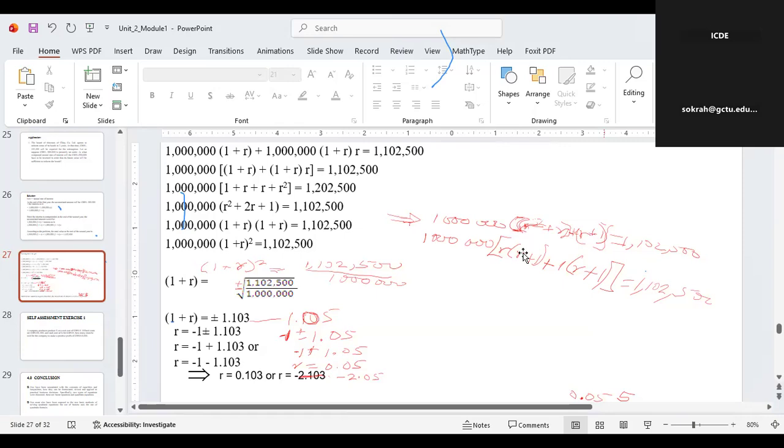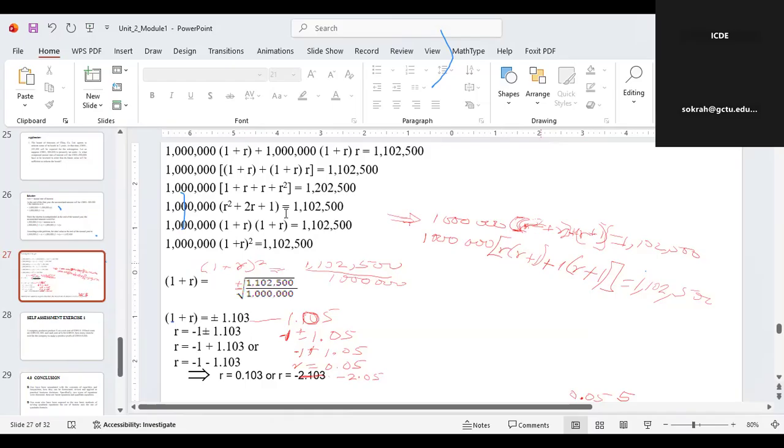Last week, I told you that the answer you get in the first bracket must be the same as the answer you get in the second bracket. So you could see that they are the same. Since they are the same, we'll pick one of the brackets. So we pick the first bracket, and then we pick those outside the bracket and put them in another bracket. So we have r plus 1.